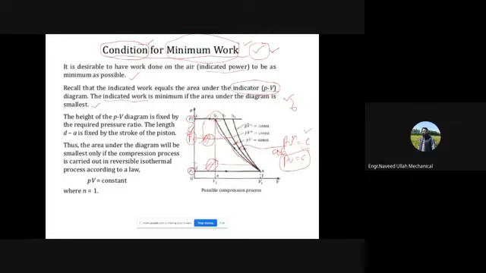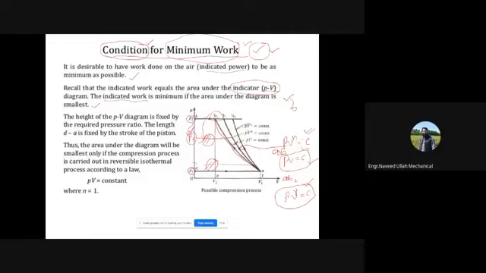And similarly, this one, A to B2, this AB2, is PV^gamma equal to constant, that is the isentropic process. So we have isentropic compression, isothermal compression, and polytropic compression.